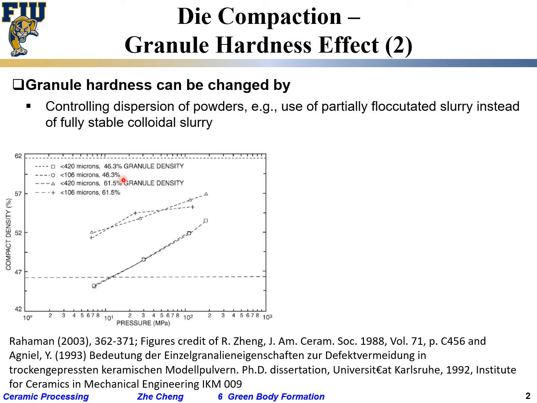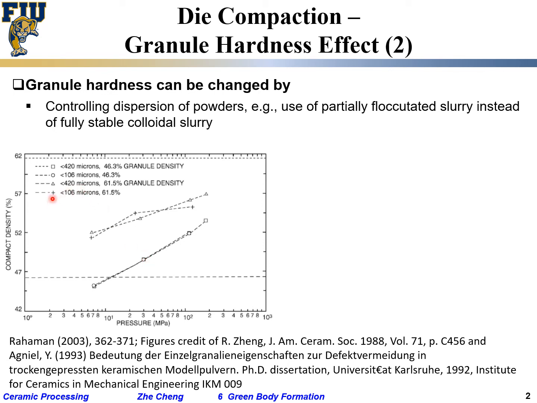This 43 is for square and for circle. You start from lower granule density, so of course, when you compact, your overall density would be lower.